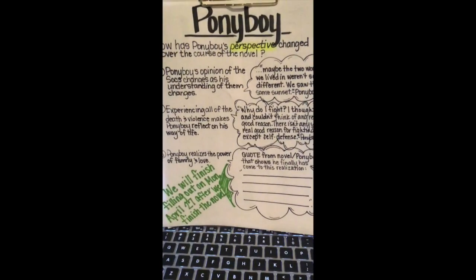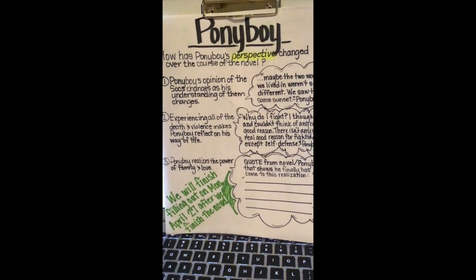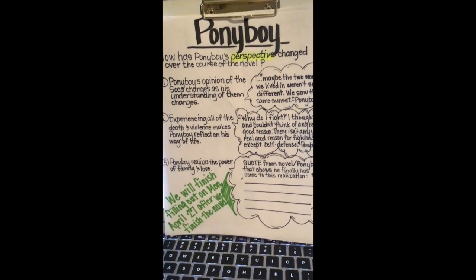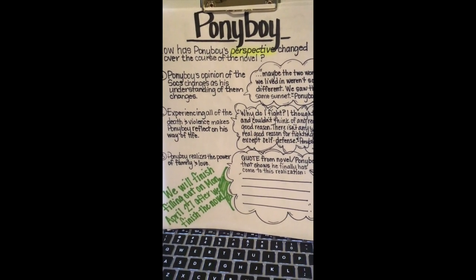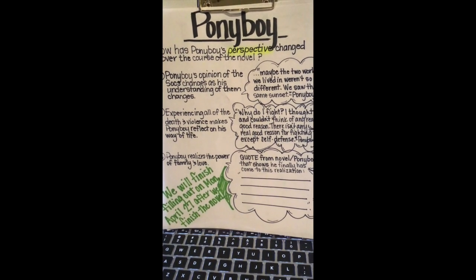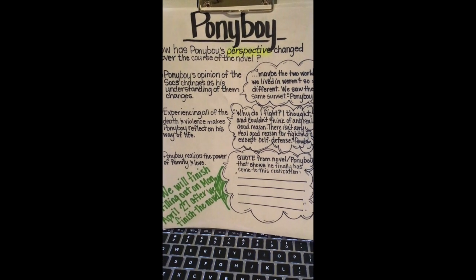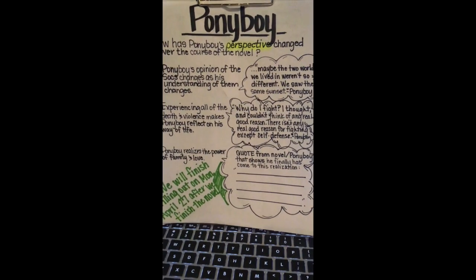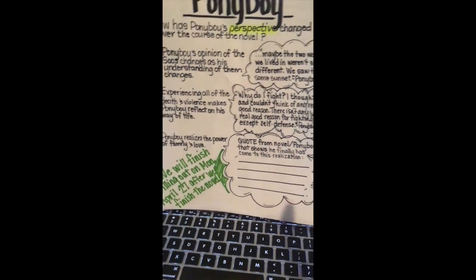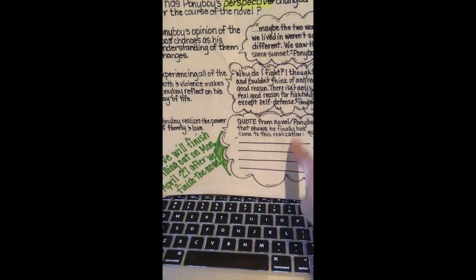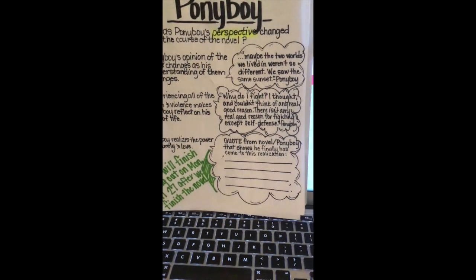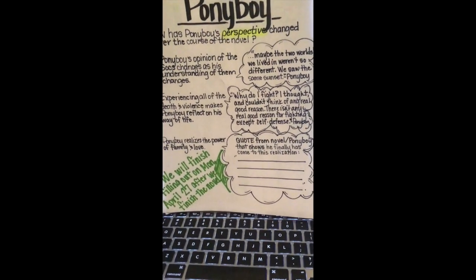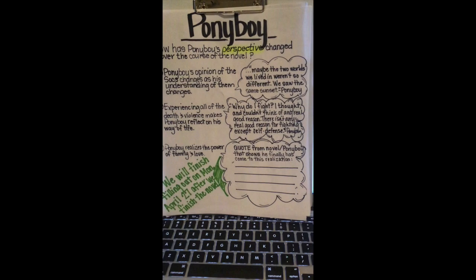Again, because we haven't finished reading the novel and I don't want to give anything away. So we will finish doing this on Monday, April 27th. That will be the video, or I will just link this on my teacher page completely finished so that you can finish writing this last one in. Okie doke, there it is.